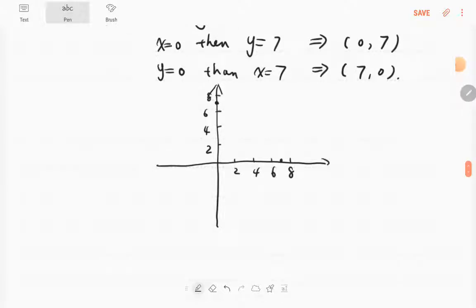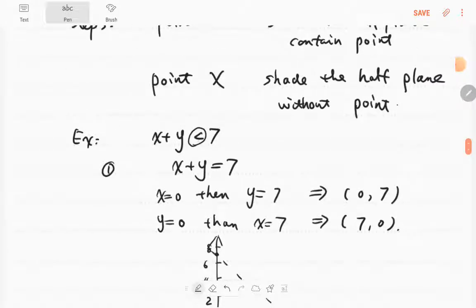So we should have this as our boundary line, but all the points on this boundary line are not our solution. That's why we should put a dash line. We do not contain the equal sign for our original inequality.